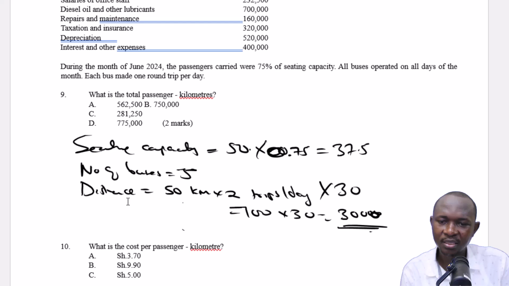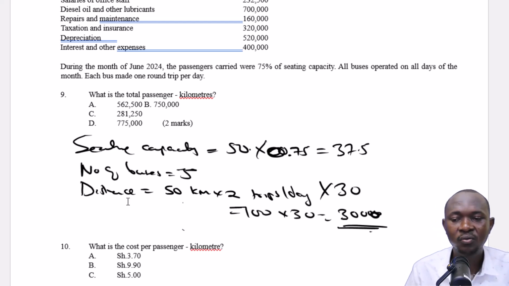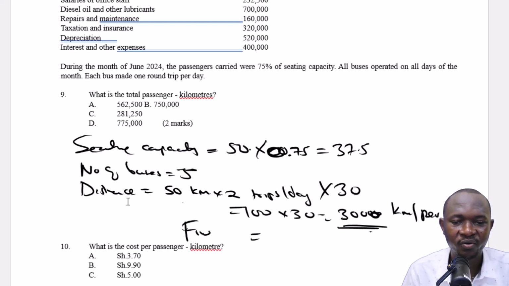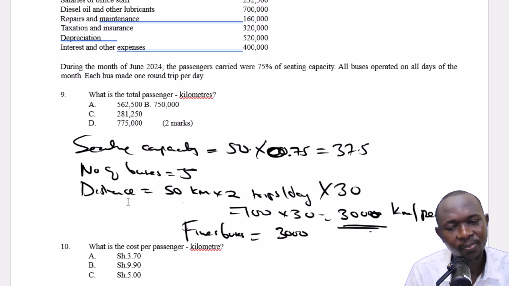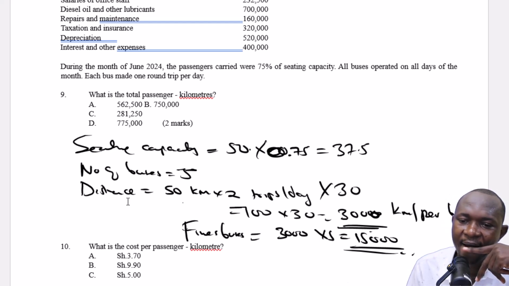3,000 kilometers per bus for 30 days. If we want to get it for the 5 buses, then it will be 3,000 kilometers per bus for 30 days times 5, which will give us 15,000 kilometers.